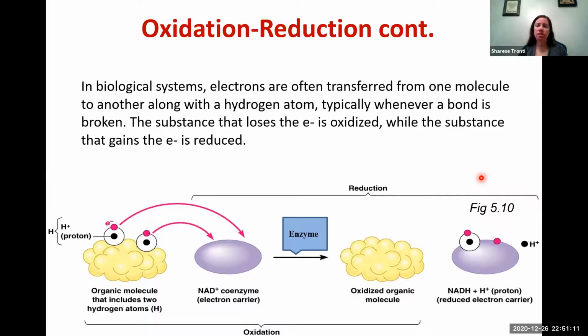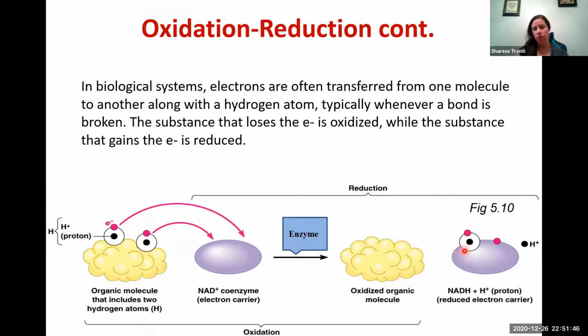We see this quite often in biological systems. So in this example here, this organic molecule has 2 hydrogen atoms. Remember, a hydrogen atom is simply 1 proton and 1 electron, right? And then here we have NAD+. Through this reaction, 2 of these hydrogen atoms are going to be released from the organic molecule and transferred.